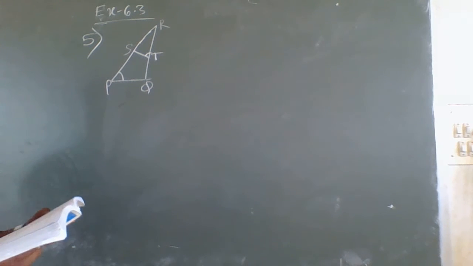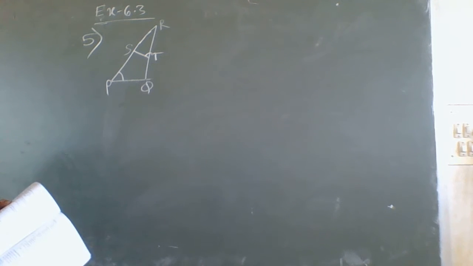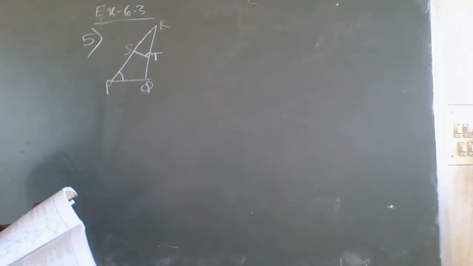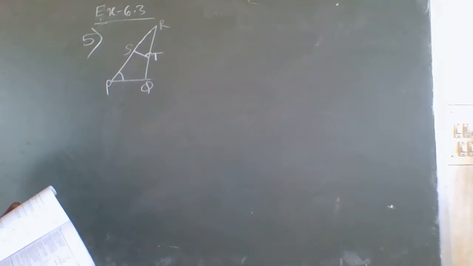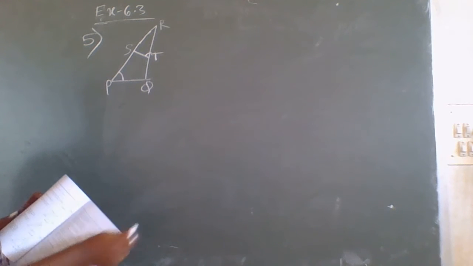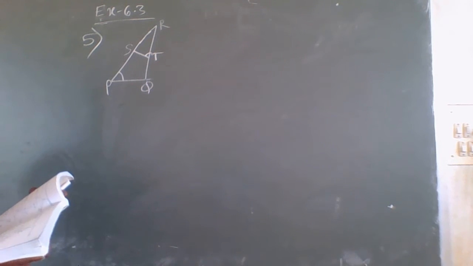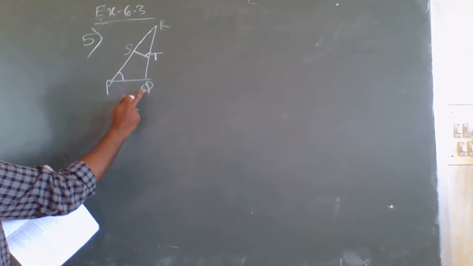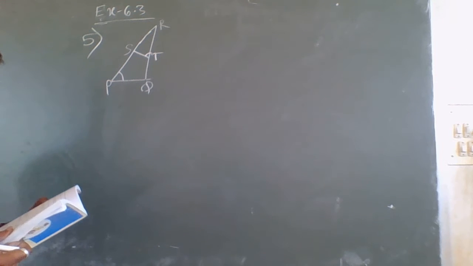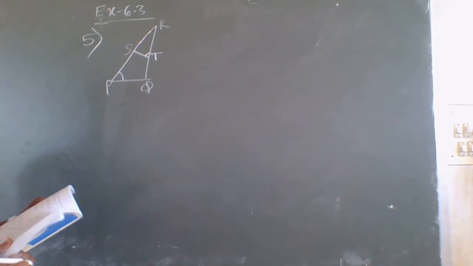S and T are points on sides PR and QR of triangle PQR, such that angle P is equal to angle RTS.